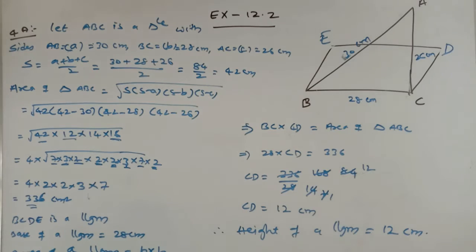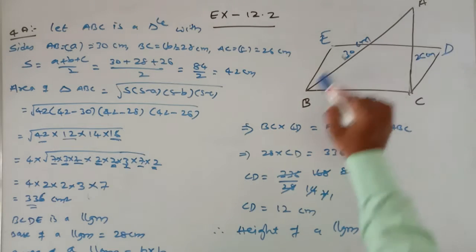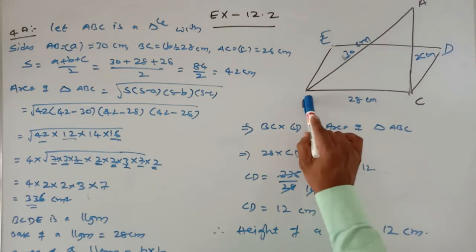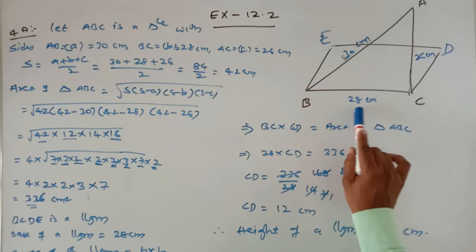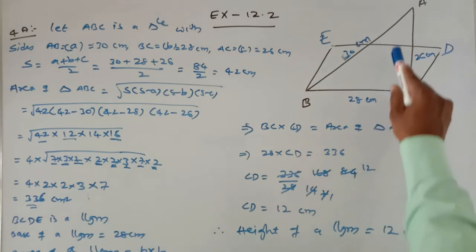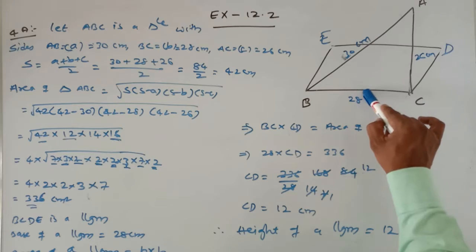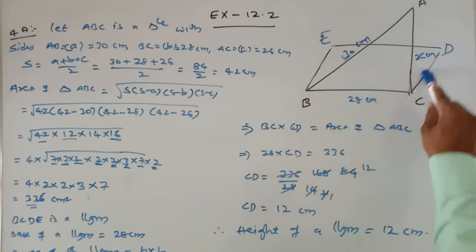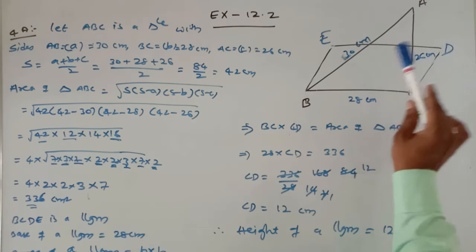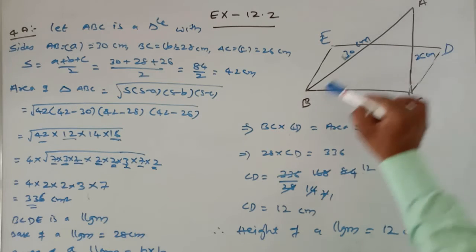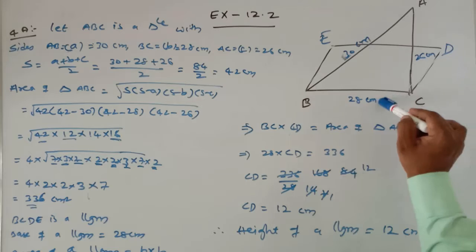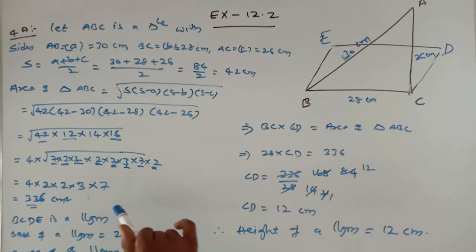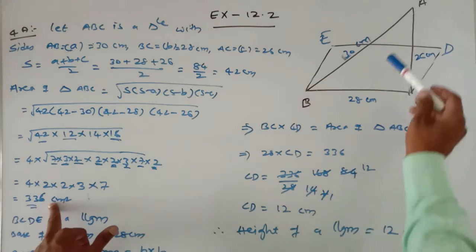So see children, once again: here a triangle and a parallelogram are on the same base of 28 centimeters, and these two areas are equal. By using that area, I have to calculate the height of the parallelogram. So before that, I calculate the area of triangle ABC by using Heron's formula, and I get an area of 336 square centimeters.